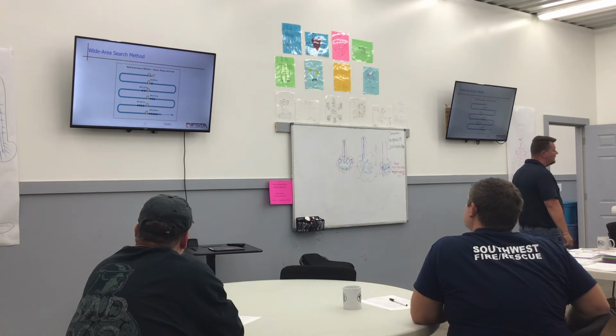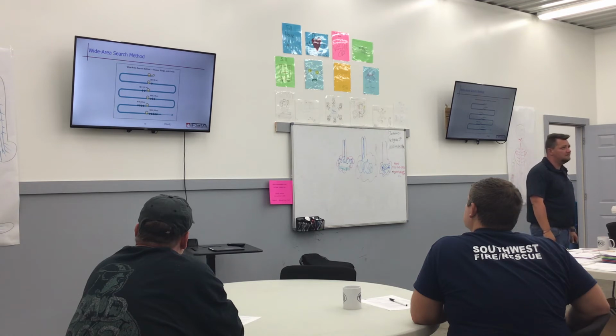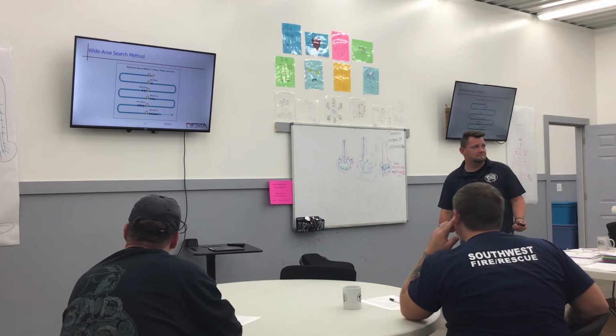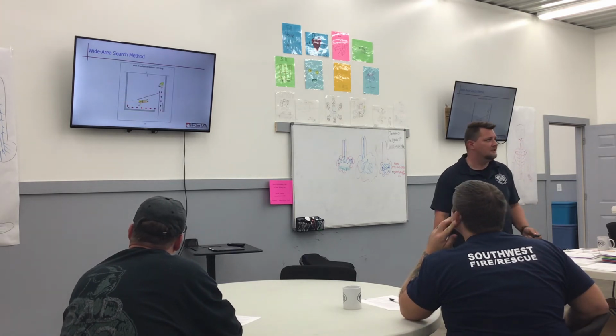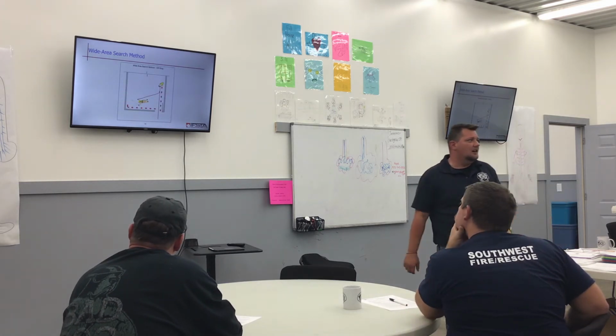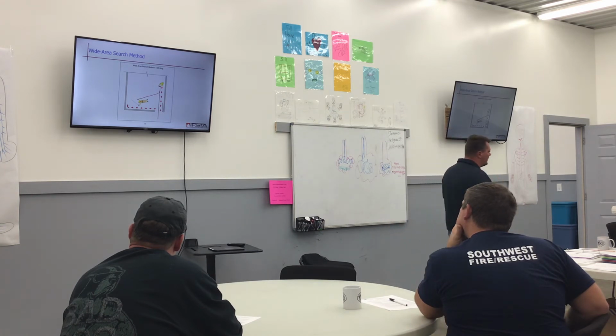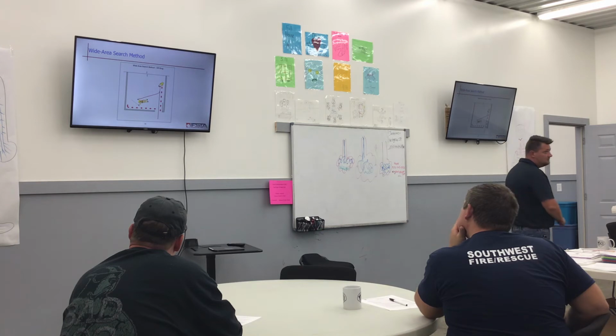So a ring and 1 knot is 20 feet, a ring and 2 knots is 40 feet, a ring and 3 knots. Okay. Offering basically means that you're going to tie off to the lead rope with your rope, and you're going to search off of that rope.